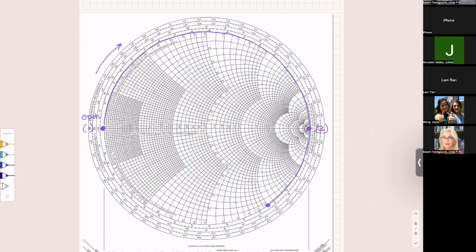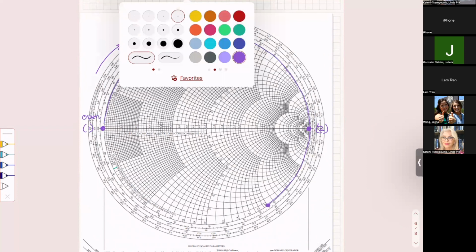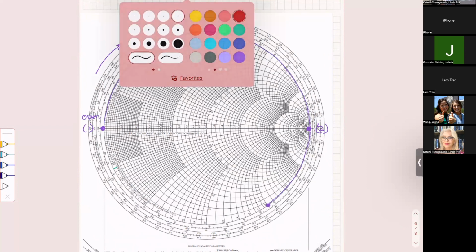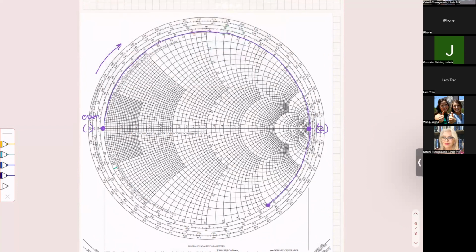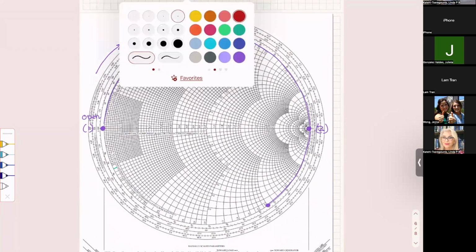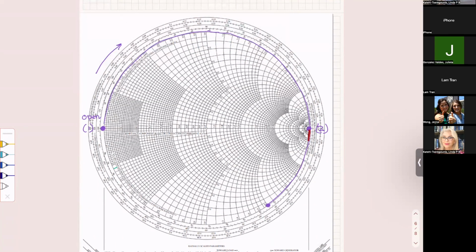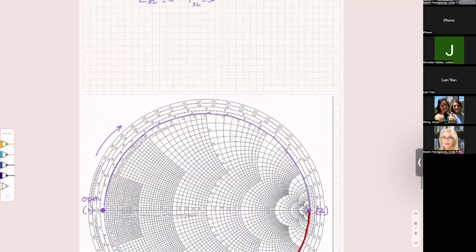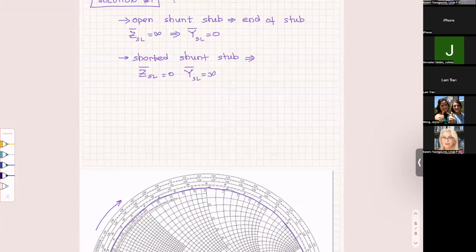But this distance is longer than the distance we would go if the stub were shorted. If the stub was shorted, like in solution 2, we will only go from here down there, which is a much shorter distance. So we are going with this one.